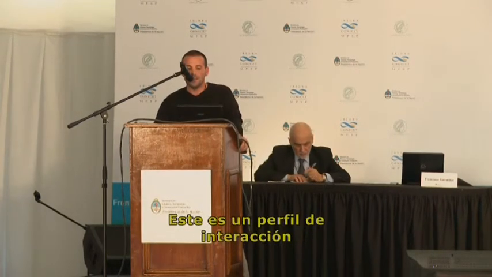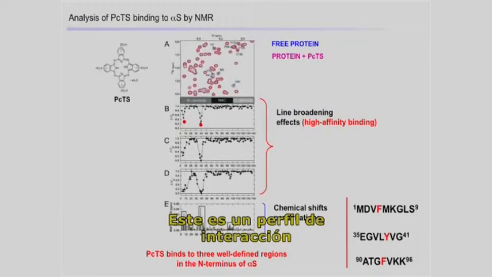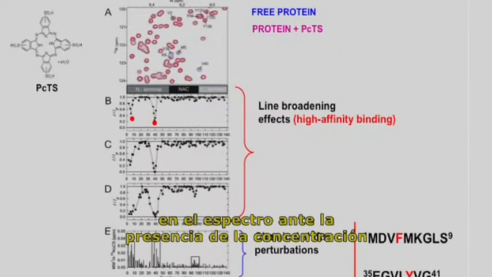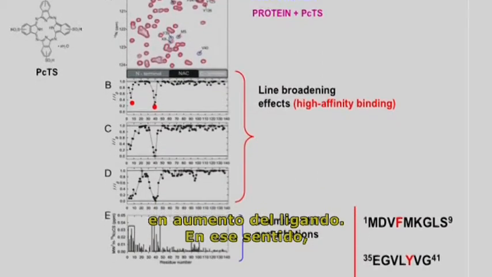And these are intensity profiles, or interaction profiles, in which you demonstrate how the intensity of the signal changes in the NMR spectra upon the presence of increasing concentrations of the ligand.